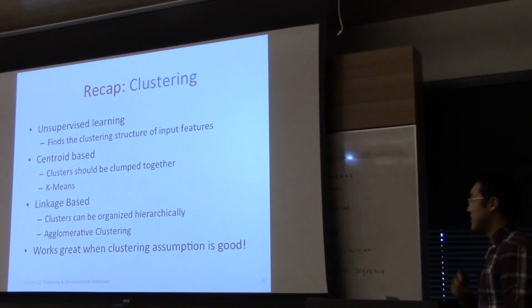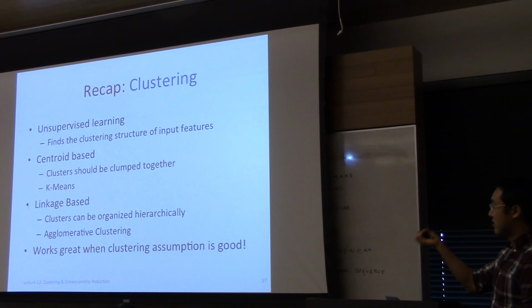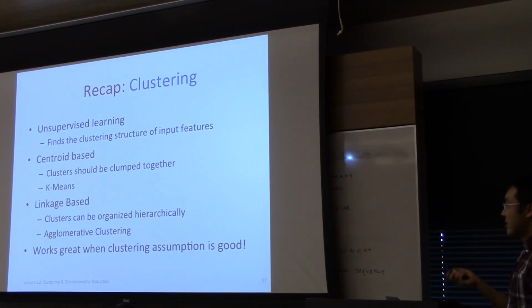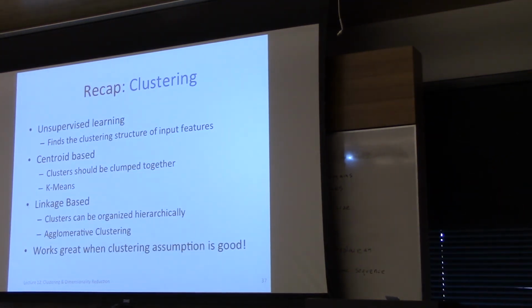And then there's linkage-based structure, where it posits that data points can be clustered hierarchically, and one approach is agglomerative clustering. Agglomerative is bottom-up; you can also do top-down. These methods work great when the clustering assumption, whichever one you impose, is good, and of course they don't work so well when the clustering assumption is not so good.